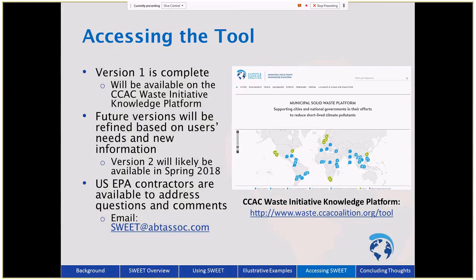And if you're not already familiar with the CCAC Waste Initiative's knowledge platform, there's a link over on the right side of the page. I strongly recommend going to look at that page and seeing what other tools are available up there. And again, the suite tool will be made available on the knowledge platform shortly.